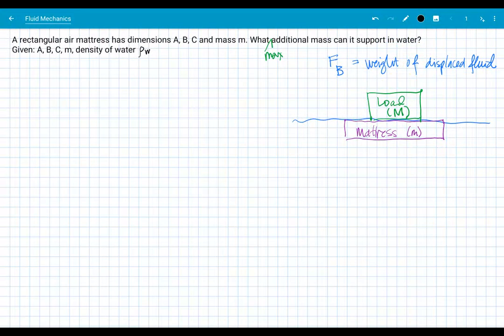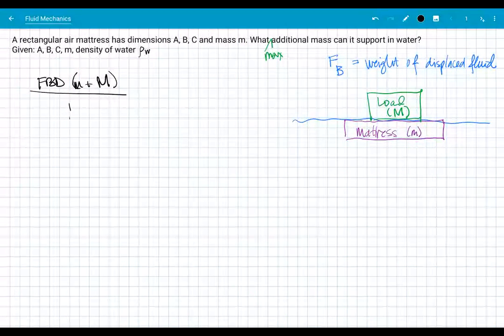I don't need them to come apart. Nobody's asking me for any information about the internal forces, the forces between them. So I'm just going to look at them as a system.